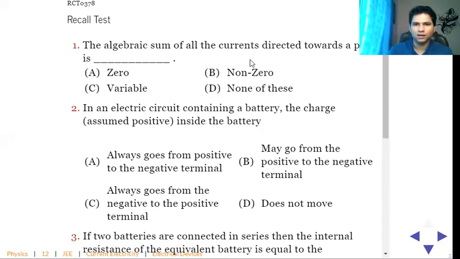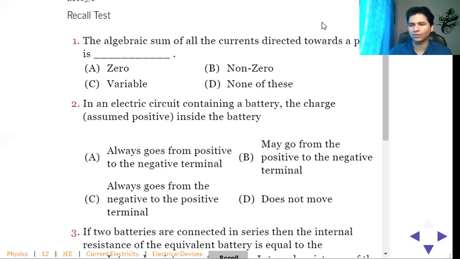The algebraic sum of all the currents directed toward a point is, we'll see, right? I guess if you have a doubt in this, then you are having basic concept issues. Let us see this. Second one, what will be the answer?